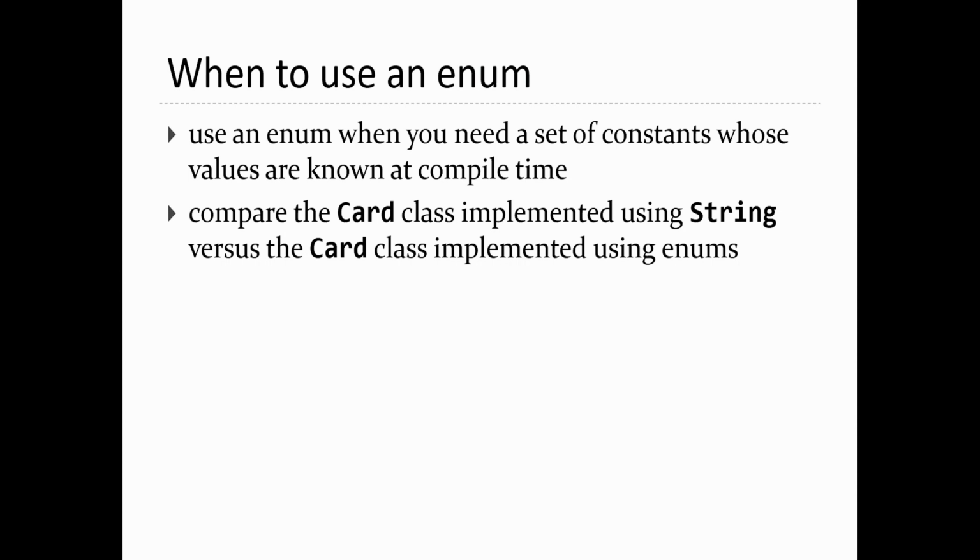So if I make a new card, and I want, say, the 2 of hearts, the problem with this constructor is, does anybody see what the problem with this constructor is?